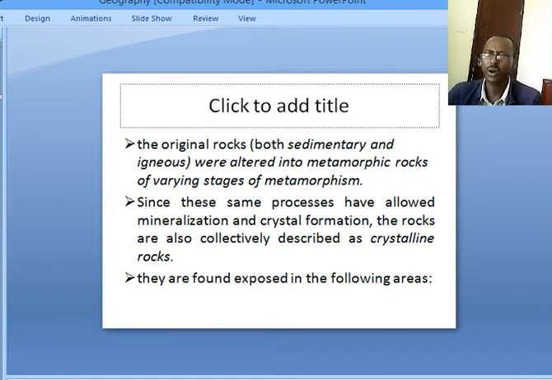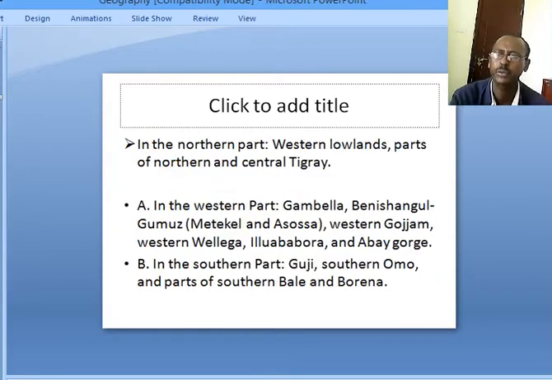They are found exposed in the following areas of Ethiopia. One is the northern part: the western lowland parts of northern and central Tigray. In the western part: Gambella, Benishangul-Gumuz, Metekel area, and Assosa, western Gojam, western Wollega, Ilubabor, and the Abay Gorge area.